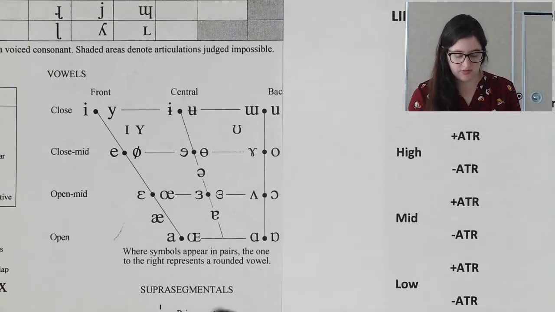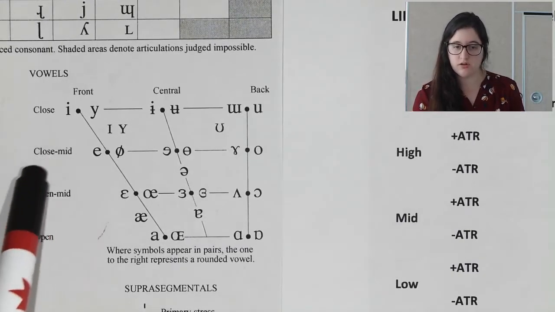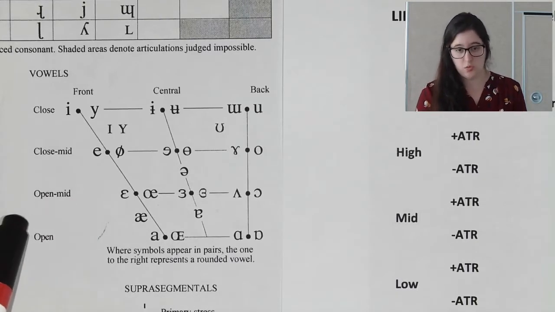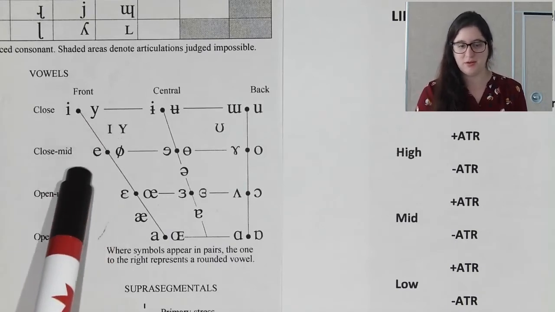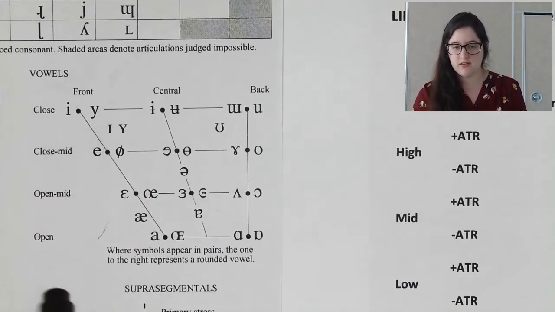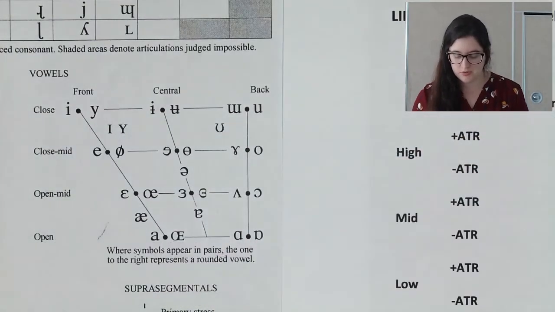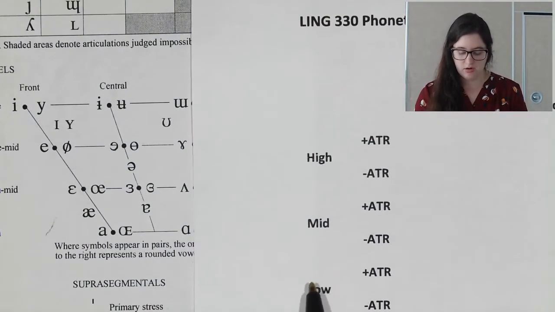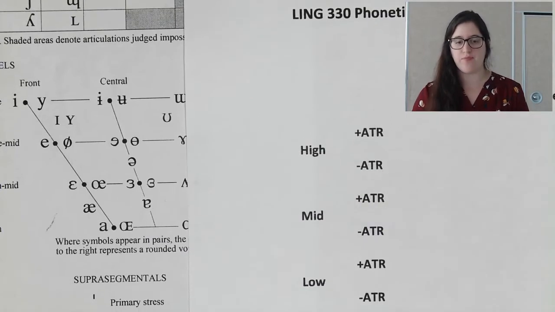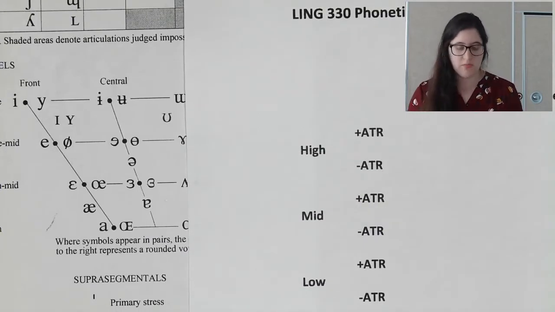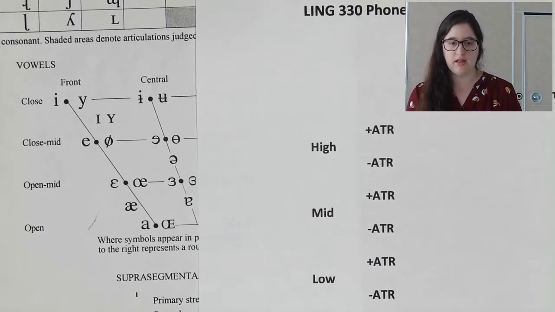In vowel systems that use close and open, you'll generally just have smaller divisions, like we have close mid and open mid, and this vowel right here would be called near close because it's in between close and close mid. So in this system, you just divide up the tongue height descriptions into smaller groups. In the system that uses high, mid, and low, instead of having something like near high, you usually use ATR as a different description. So you may see both of these systems used depending on who is describing the vowel.